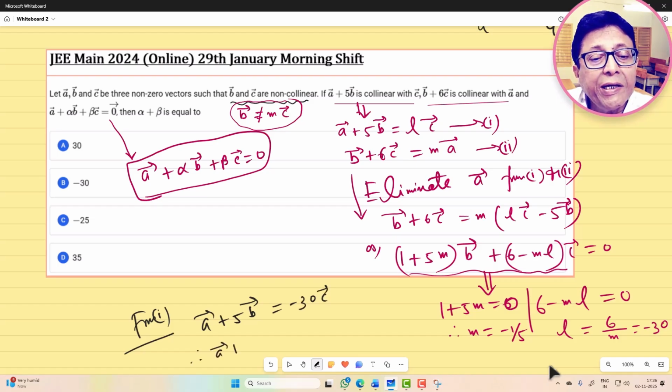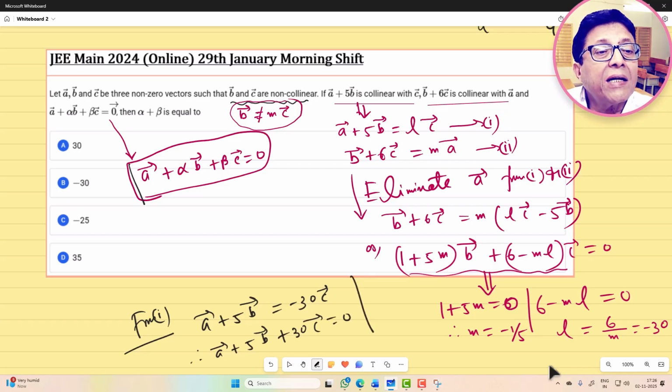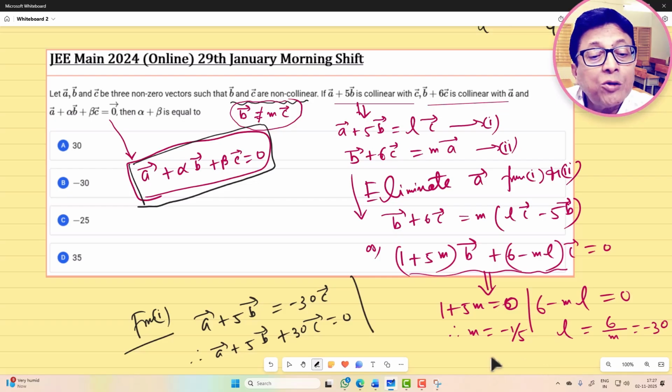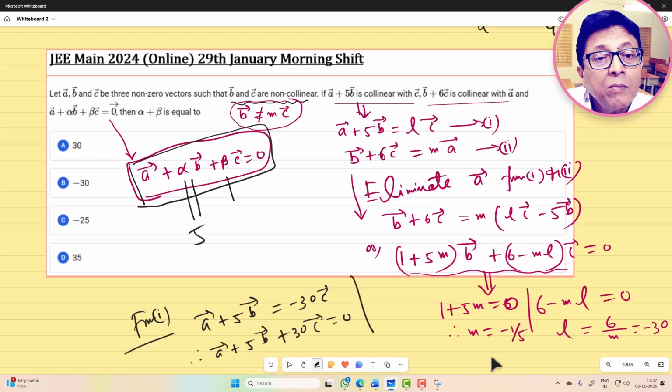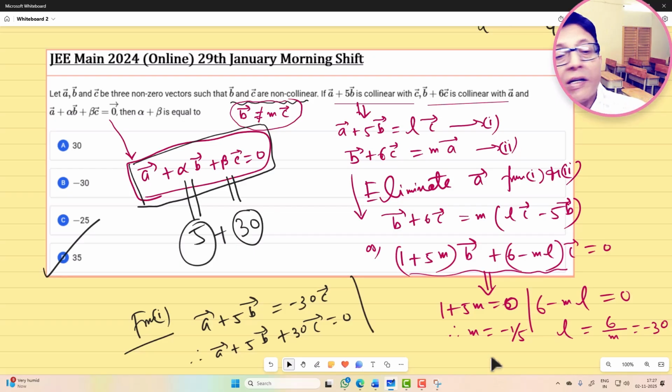Therefore, A plus 5B plus... they stated the relation on ABC as follows: A plus alpha B plus beta C equal to 0. So just compare. Alpha is going to be 5. Beta is going to be 30. If you add these two, it is going to be 35. D is the option.